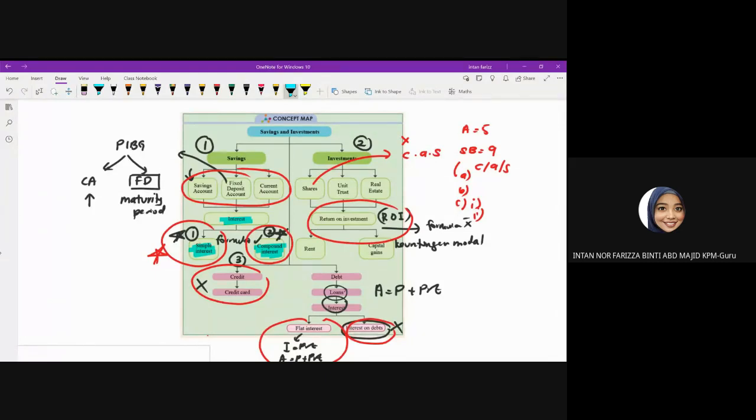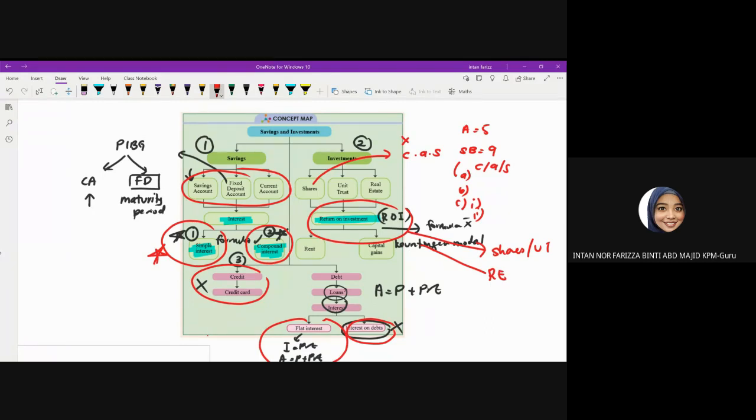Next, you need to know how to calculate return on investment. We have two things. The first one, when you buy shares, you have to know how to calculate ROI on shares or unit trust. And one more is how to calculate ROI on real estate, like buying the house just now.